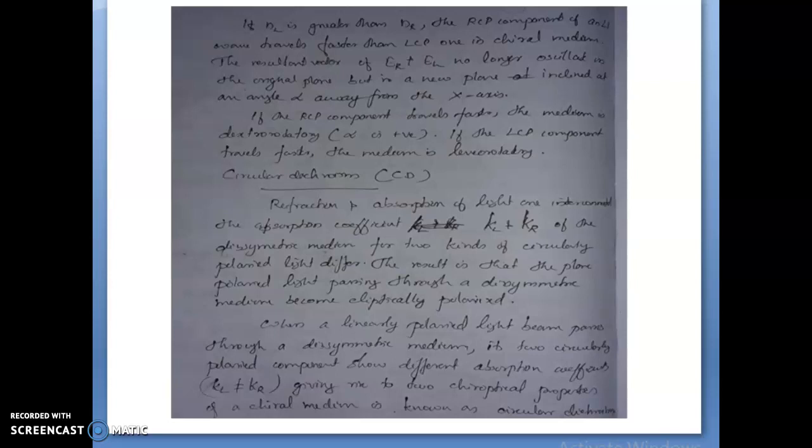The result is that plane polarized light passing through a dissymmetric medium becomes elliptically polarized. This phenomenon is known as circular dichroism. That means when a linearly polarized light beam passes through a dissymmetric medium, its two circularly polarized components show different absorption coefficients, giving rise to one of the two chiroptical properties of a chiral medium known as circular dichroism.